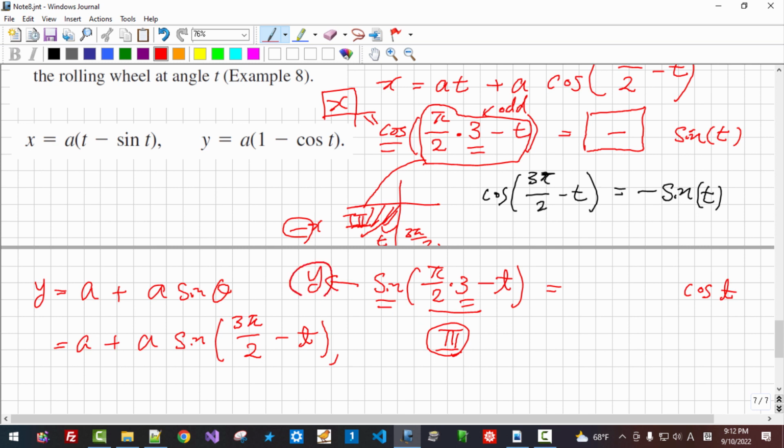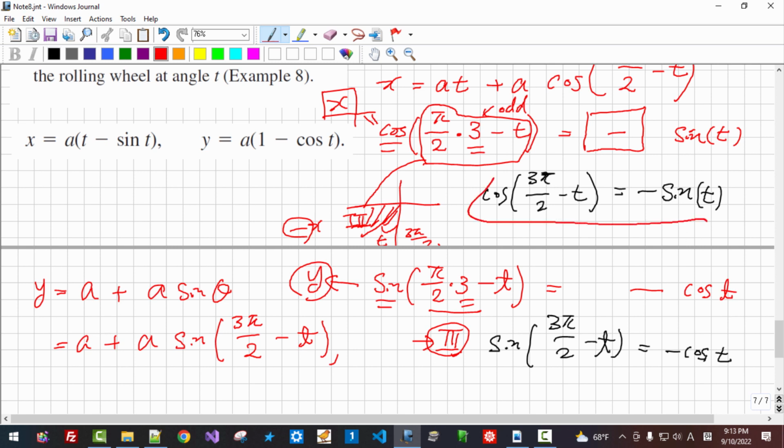The sign of y in the third quadrant is negative. So negative. That is, sine of 3 pi over 2 minus t equals negative cosine t.